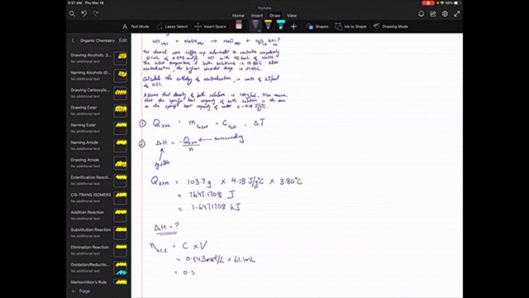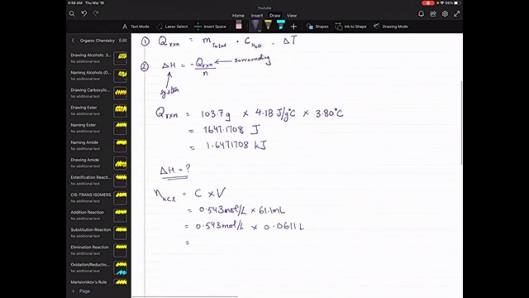So 0.543 moles per liter times 0.0611 liters, because the units for the concentration are in moles per liter. Okay, so let's continue the calculation. 0.543 times 0.0611 gives us a value of 0.0331773 moles.